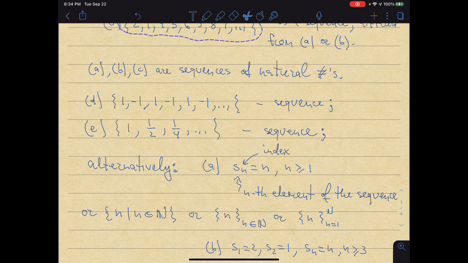Yet it does oscillate within specific finite bounds. It's never going to be greater than 1, and it's never going to be less than minus 1. And later on, we'll see that this behavior is actually of interest, so that we will describe this sort of oscillating behavior more precisely.